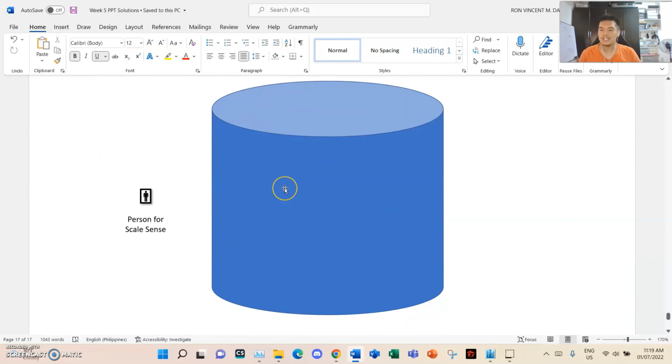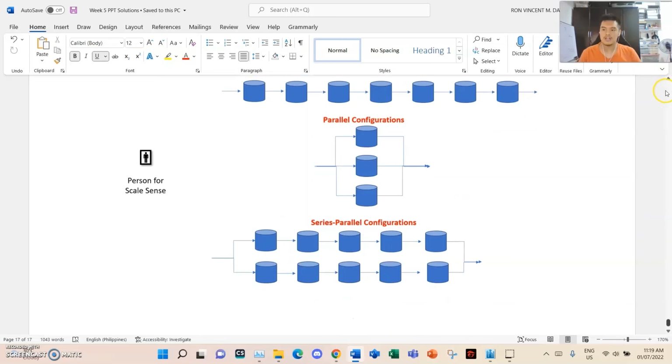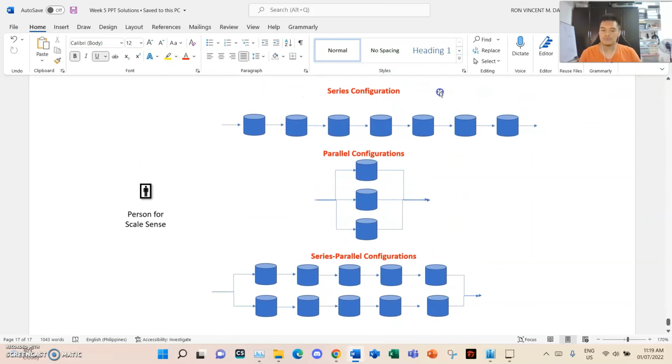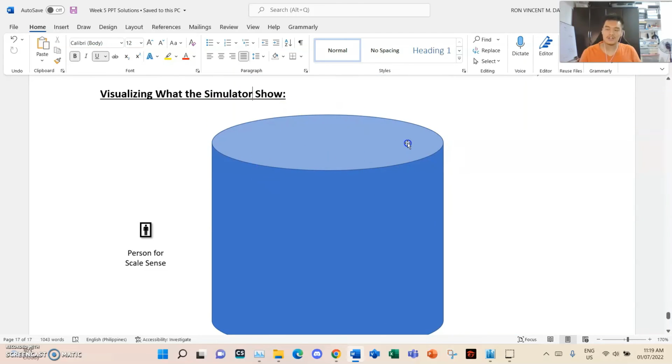However, in reality, though the simulator may give this total volume, it will actually be done in real life like this. It will still follow the total volume, but divided evenly into equal volumes of containers or vessels, so that it will be more manageable and more economical. Because constructing this all in one would require large amounts of materials and space, and it would topple very easily due to its very large height.